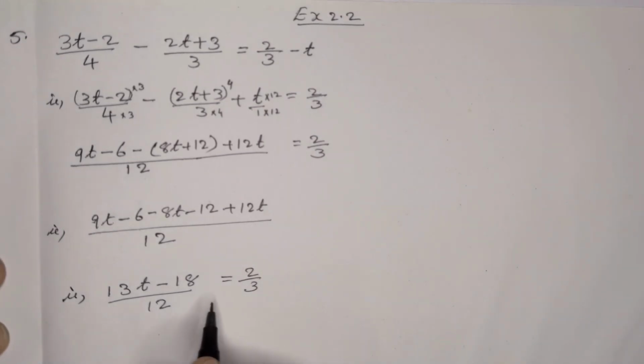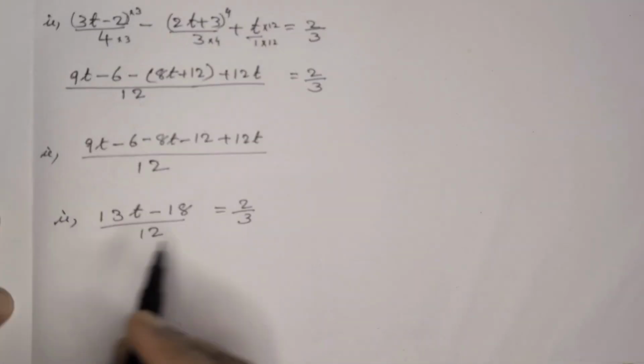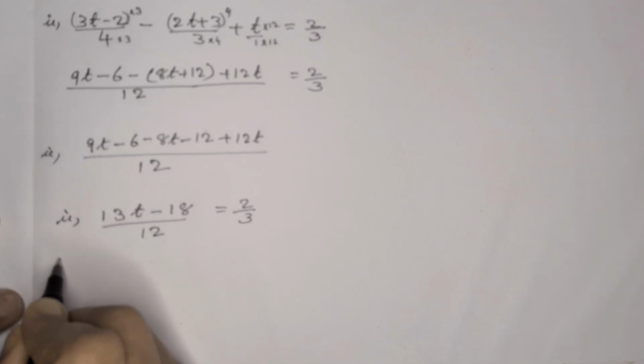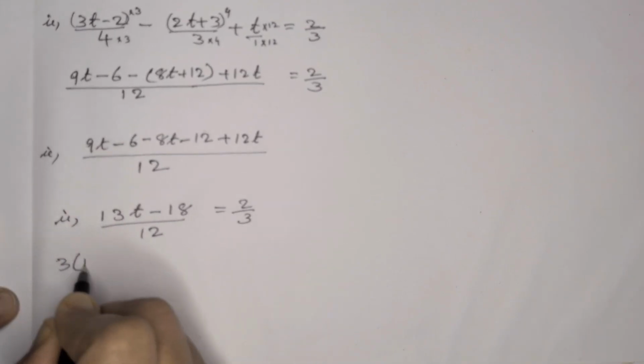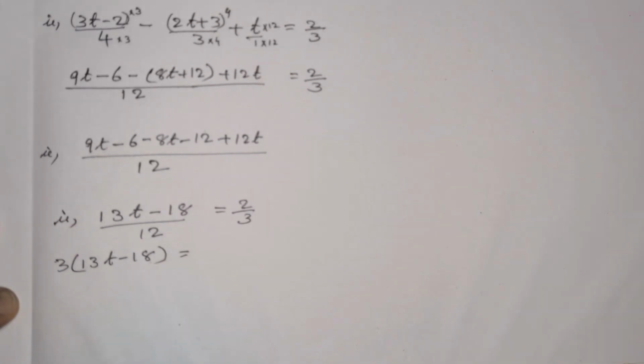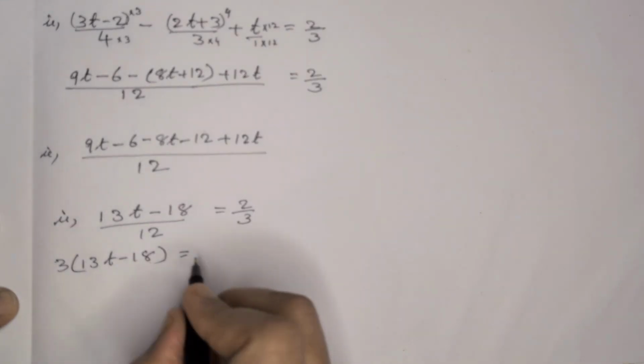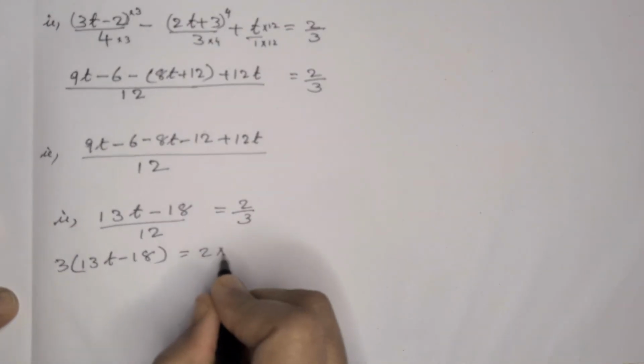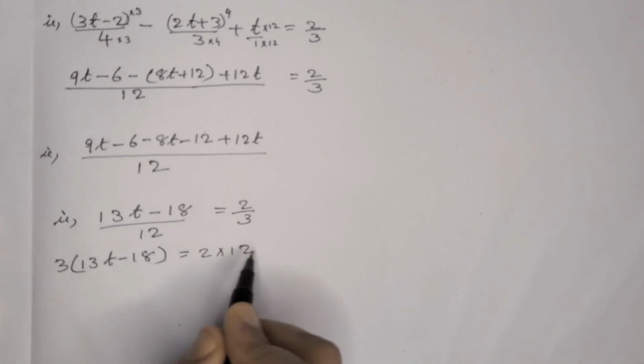Now we can cross multiply this. When you are cross multiplying, 3 into 13t minus 18 is equal to 2 into 12. Just cross multiply.